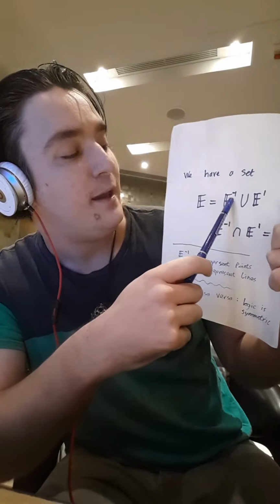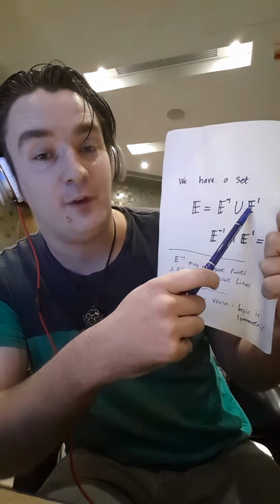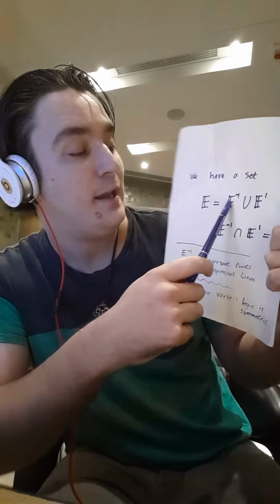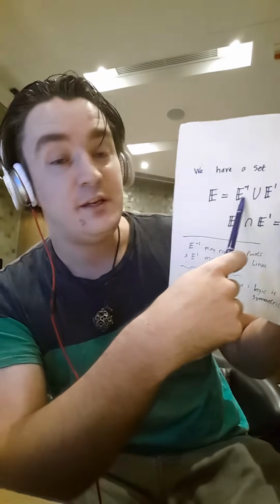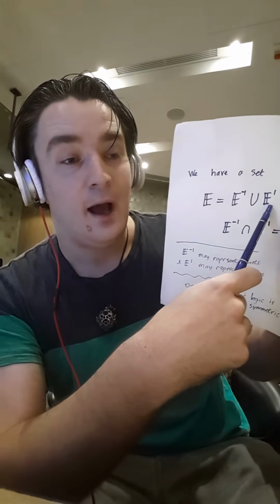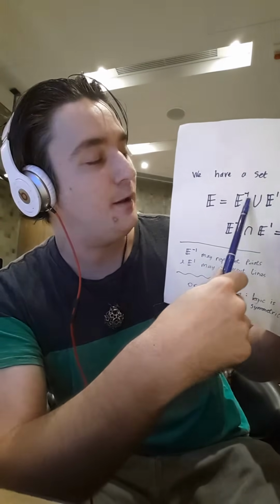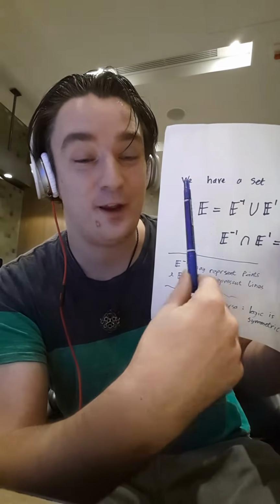So maybe E minus 1 is the set of points, and maybe E1 is the set of lines. Or maybe E minus 1 is the set of lines, and E1 is the set of points. It doesn't matter because these two things have symmetric roles throughout the theory. So I might sometimes get a bit confused about which one's which, but don't worry.